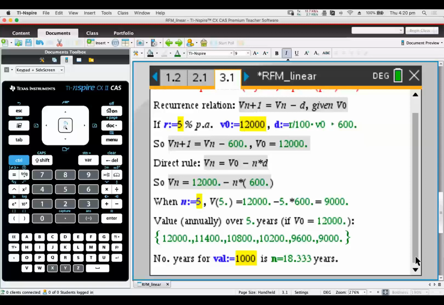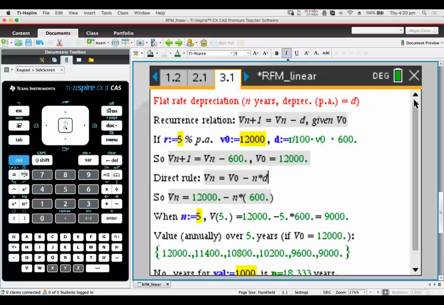And you probably would say, because it's complete years, that it ends 19 years before it gets below $1,000. Okay, so that's a template that can be used to analyse flat rate depreciation.